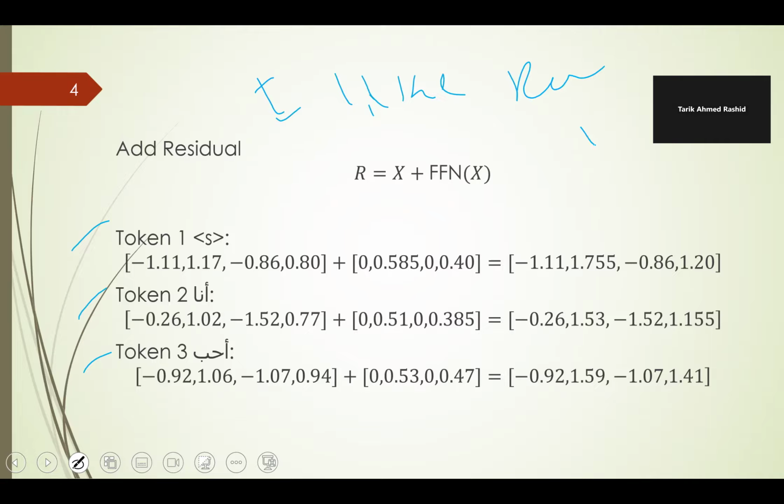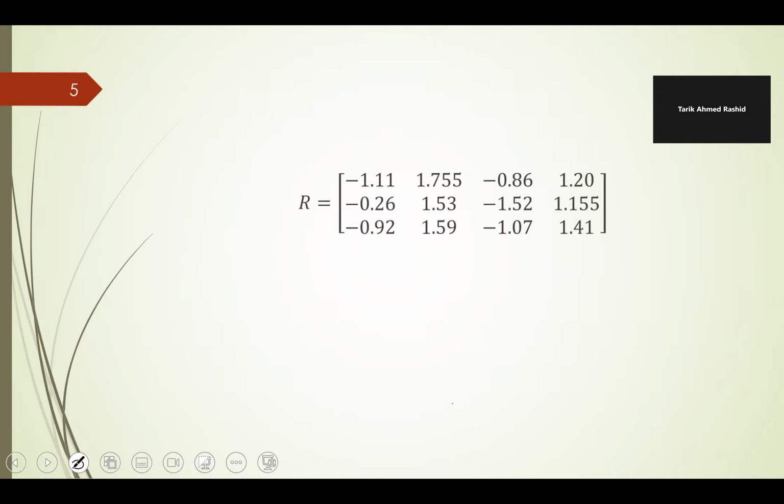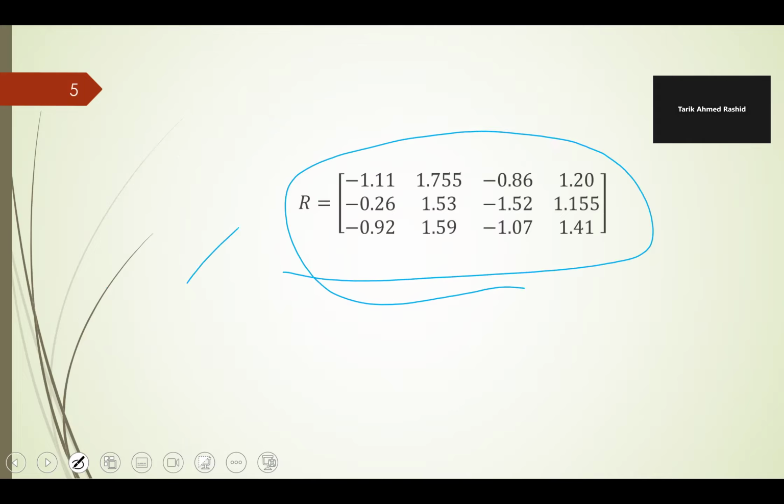So Ana Ahab Rojava. So that's the translation of the Arabic words to English, I like Rojava. So here the matrix is found, adding residual. That's the result from element-wise X plus feed-forward neural network X.